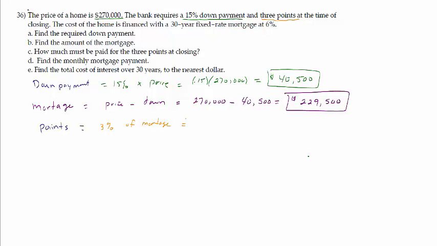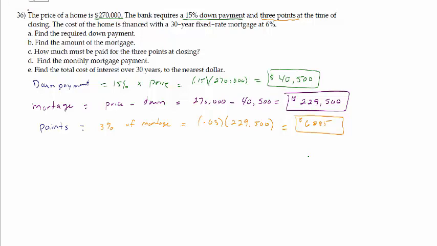For this particular case, I'm going to have my 0.03, that's my 3%, times my mortgage amount, which was $229,500. Multiplying those two together, I get $6,885. So that's what I'm going to have to pay for points. That's a lot.